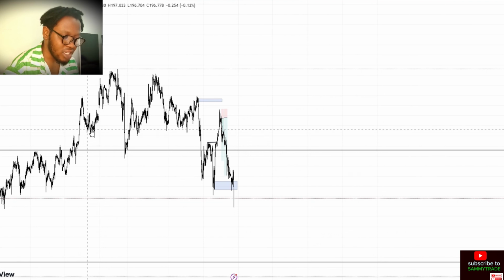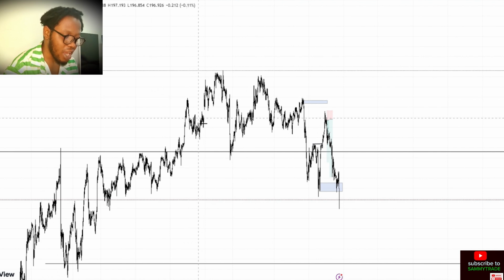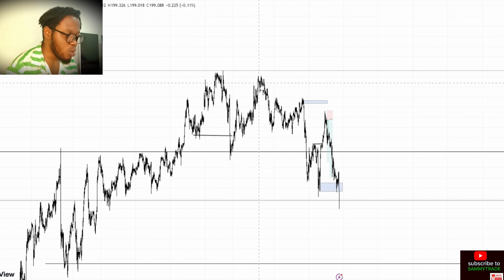This is like a demand zone causing this break of structure for price to break above this higher high. Price broke past it, giving us another higher high. There's a break of structure here at this point. So this is like a demand zone causing this break of structure. This demand zone now is very important. I spotted that out and I saw a change of character to the downside. This is a change of character, and this is a pullback.